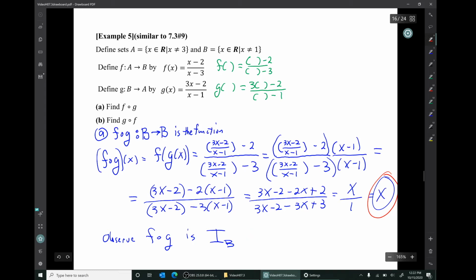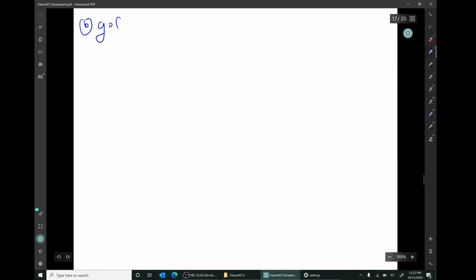Now let's find g circle f. I'll do that on the next page. We start by giving the domain and codomain of g circle f. Its domain is whatever the domain of f is, and its codomain is whatever the codomain of g is. Now let's get the formula.